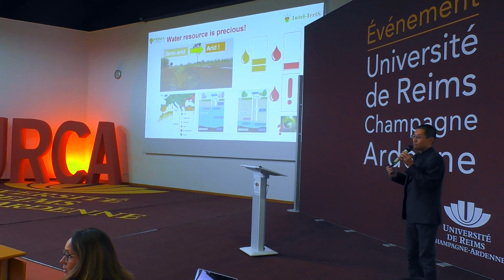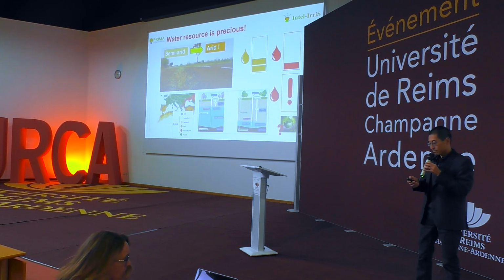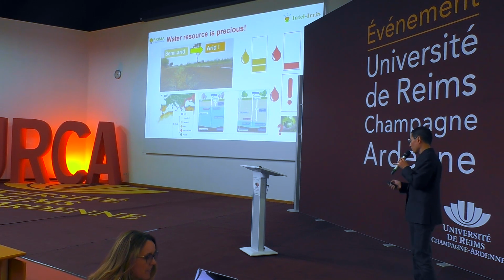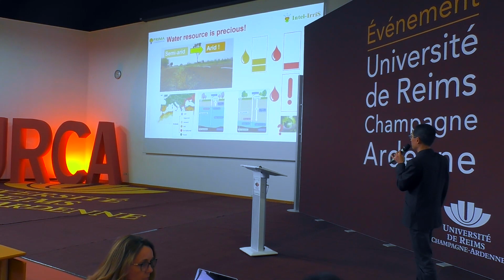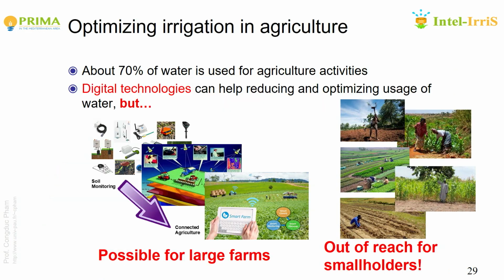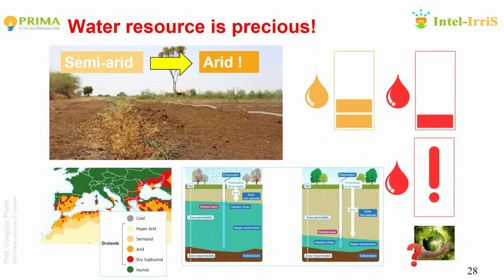The context of the first project is the scarcity of water. We all know that there is a high danger of moving from semi-arid to very arid areas, especially on the North African continent.